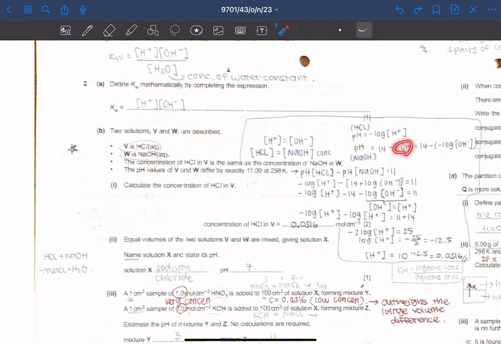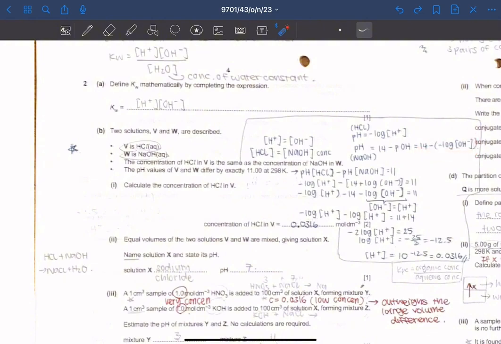And pOH is equal to negative log OH minus. So it's 14 minus negative log OH minus.